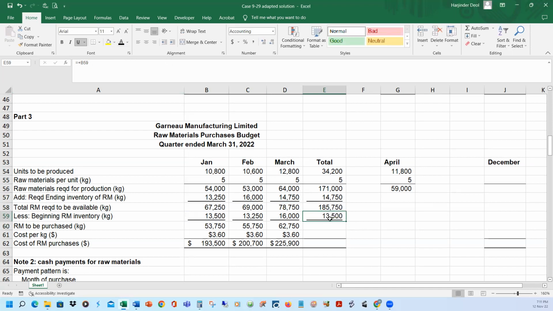So subtracting 13,500 from the 185,750, we get 172,250 kilograms. And that should be the sum total of the raw materials required to be purchased in each of the 3 months. It is. Multiply 172,250 by $3.60, and the total dollar value of purchases to be made in the 3-month period is $620,100.